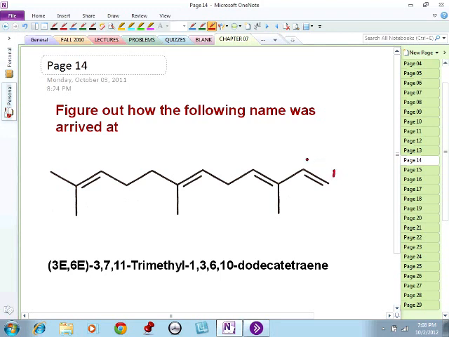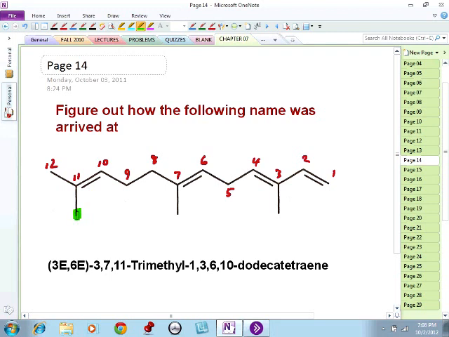So this is carbon number 1, 2, just a minute, 3, 4, 5, 6, 7, 8, 9, 10, 11, 12. And the branches are in position 11.